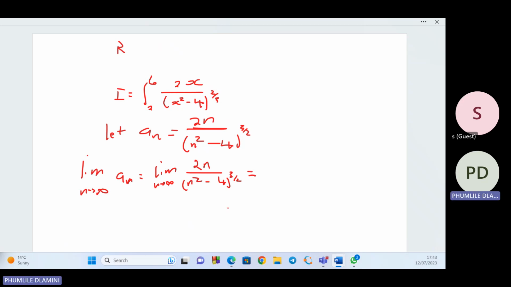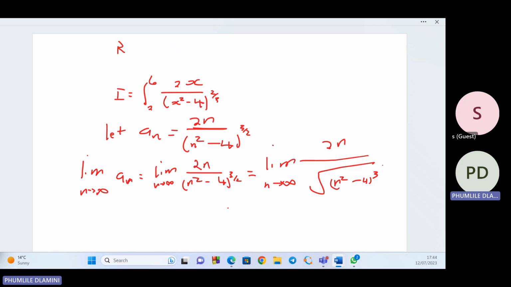Remember, we can write this as the limit when n approaches infinity of 2n over the square root of n squared minus 4, to the power cubic. So this is the same as that.